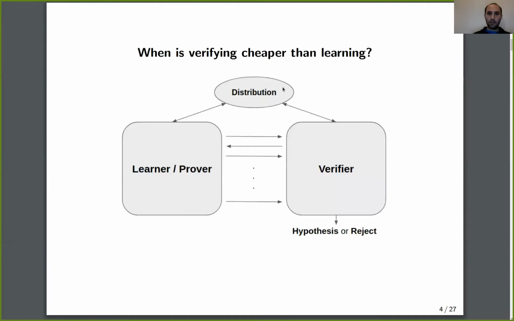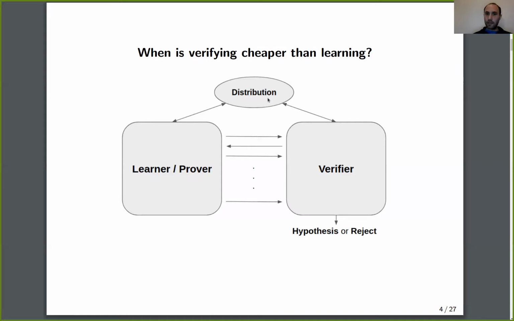The setting we used is the following. There's some unknown distribution that provides samples of the form x and y, where x is some instance and y is the label for that instance. And there's a verifier which has the objective of finding some hypothesis that is good at predicting the labels, predicting y given x.